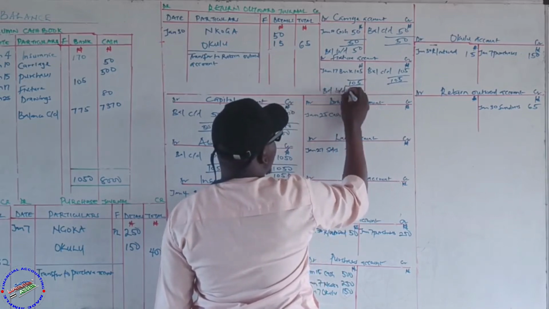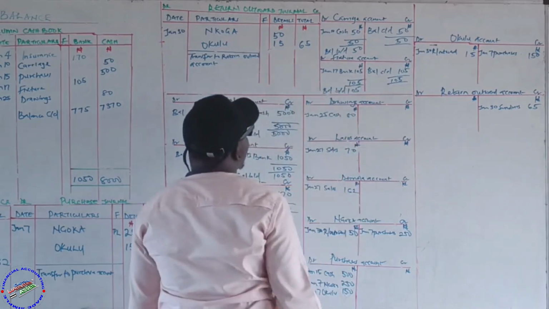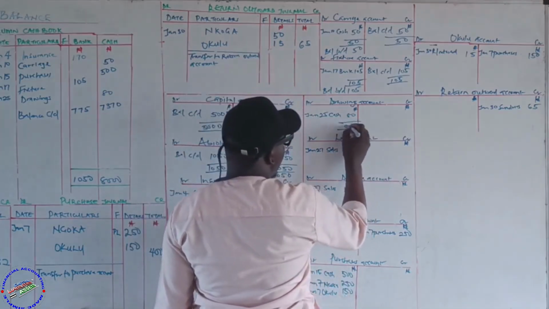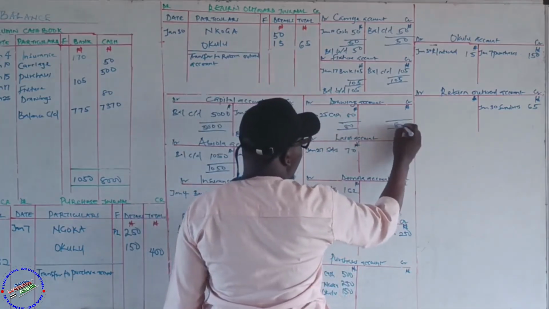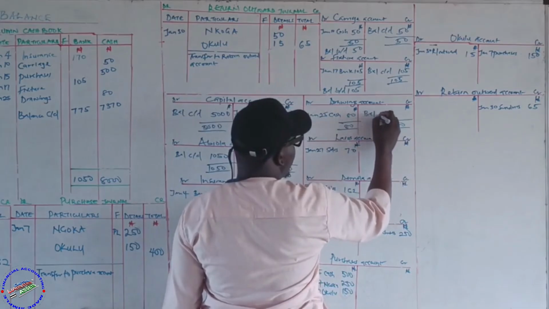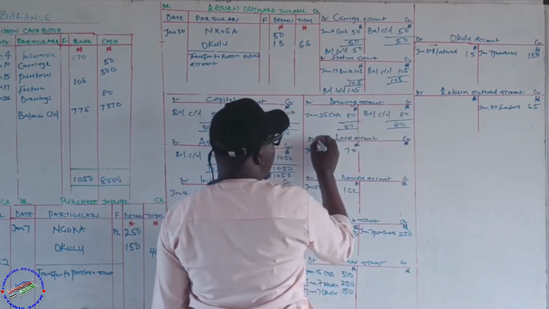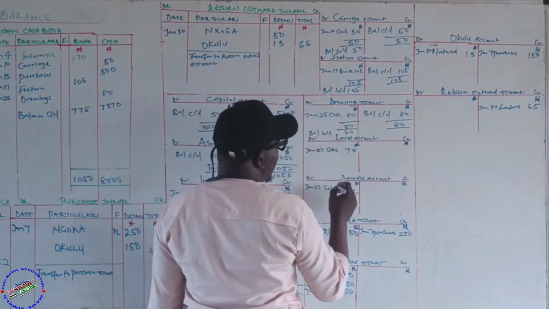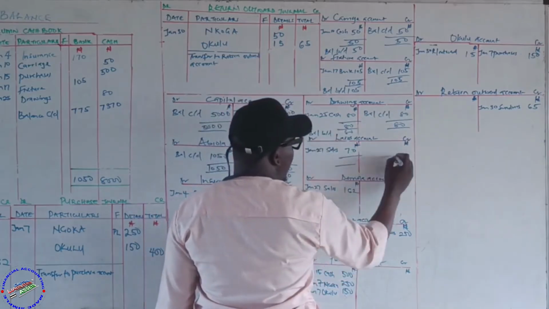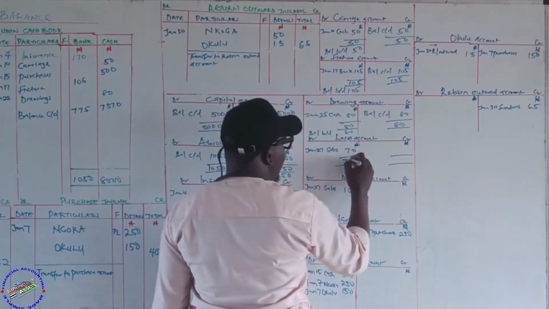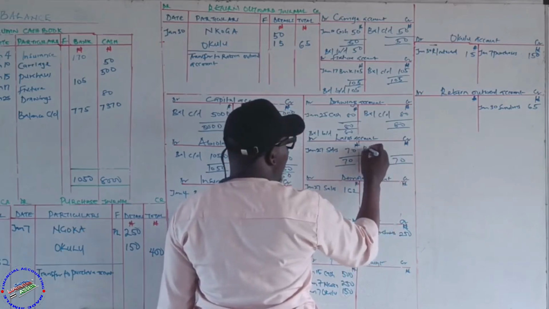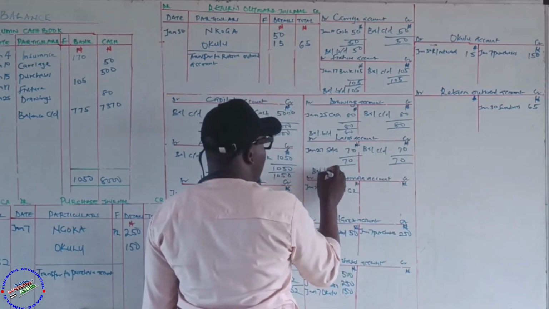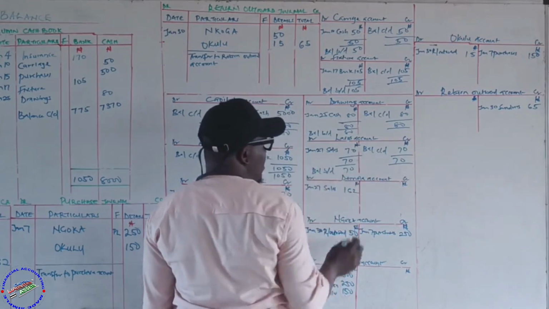Balance BD, 105. The next account is drawing, 80, 80. Balance CD, 80. Balance BD, 80. For Lasisi, he has 17 naira, 17 naira. Balance CD, 17 naira. Balance BD, 17 naira.